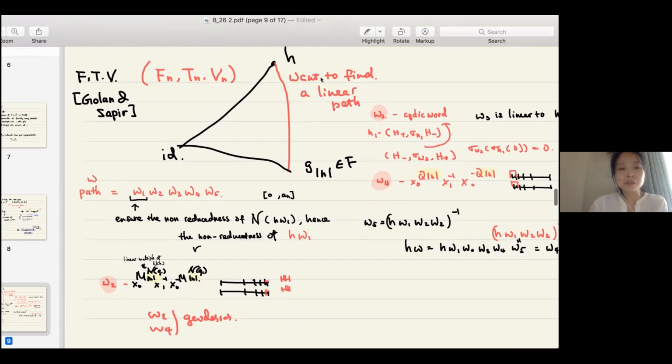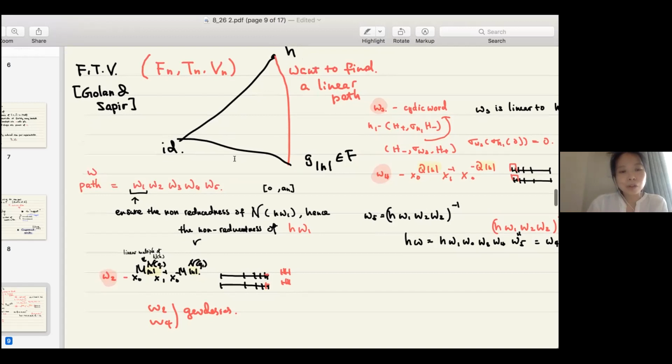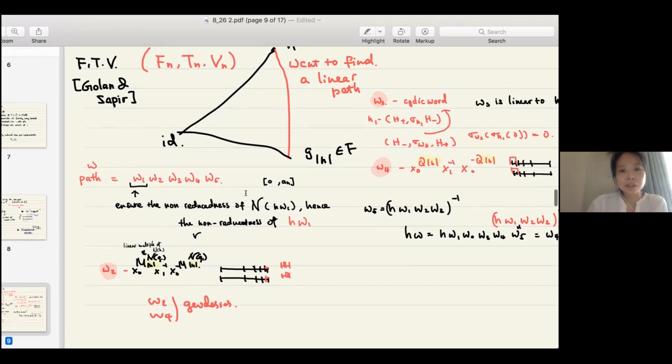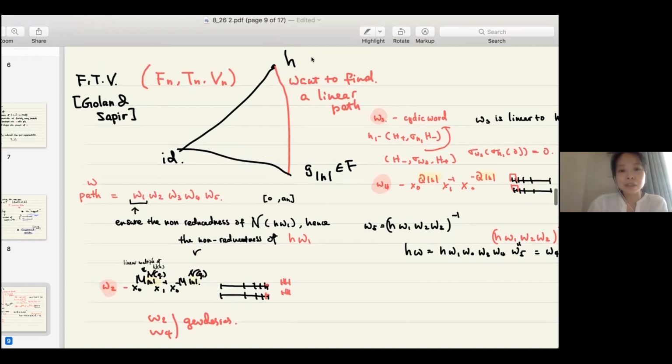I think this has also been reflected in Murray and other people's computational results: if the size of the tree is small, then it's very likely to be reduced by adding or deleting, concatenating other letters. So this first subpath is to ensure that this first element has a large enough tree.